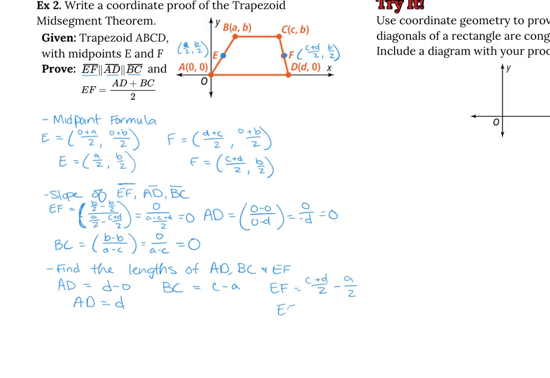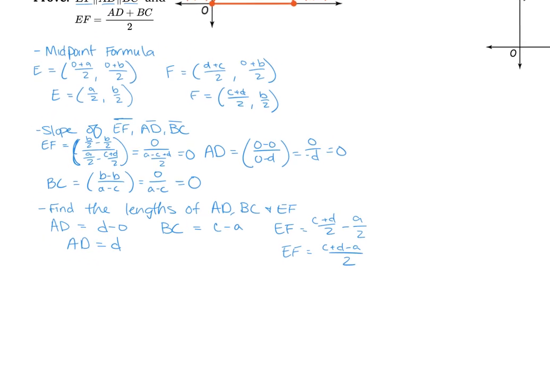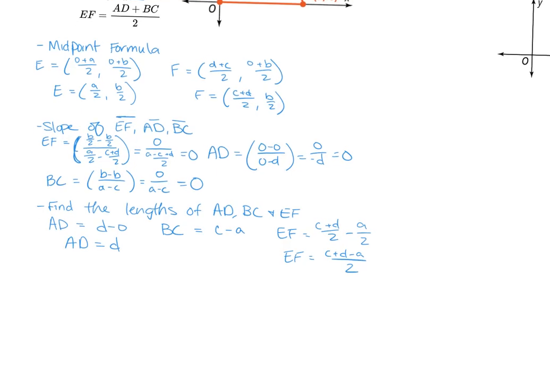That will simplify to c plus d minus a over 2. Okay, so those are my lengths. Now I want to show that EF equals the two bases divided by 2.